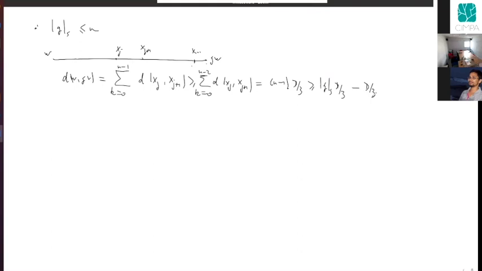And for the other inequality, this is more standard. So you take G and you write it as a product of elements of S, where K is the norm.